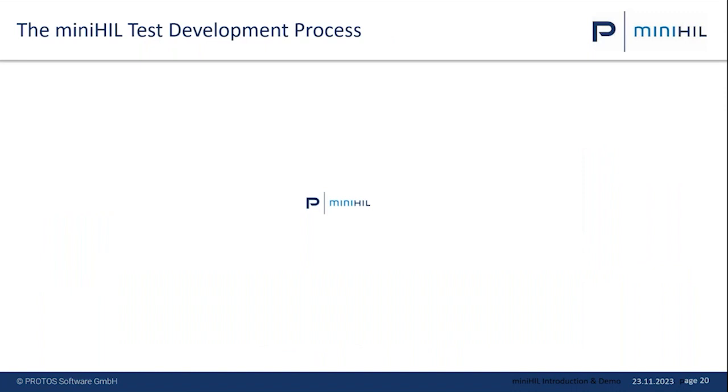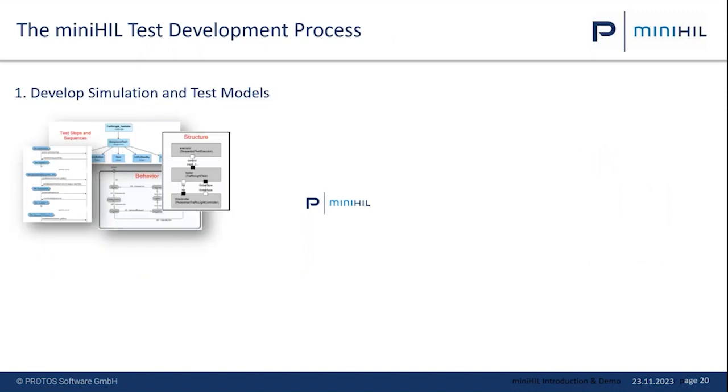Let's have a look at the software now, on the system under test. On the test system, sorry, on the test system, we have a model-based development environment to model the structure and behavior for the simulations and for the test models for the test cases.